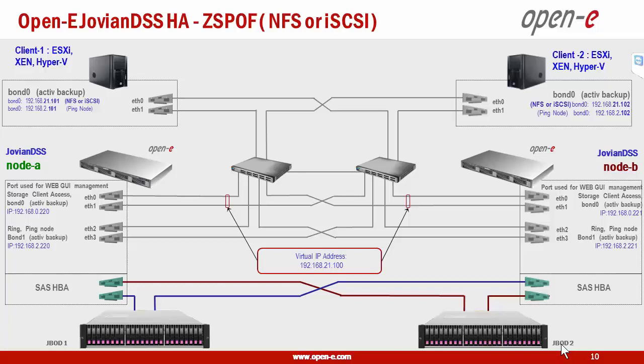The first 2 ports are running a bond which is exported via one virtual IP, and the second 2 are forming a so-called ring to monitor both storage nodes, and ping nodes will also be configured there.